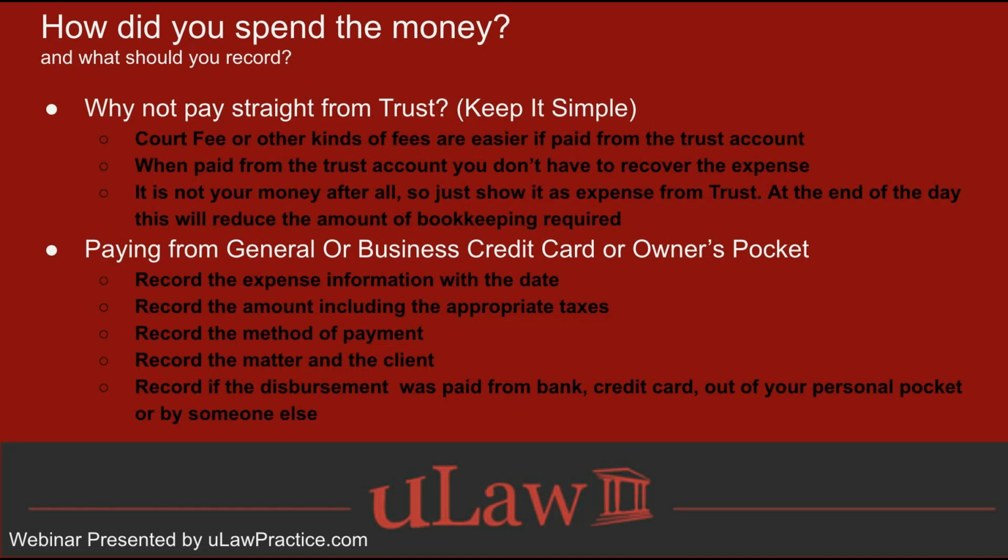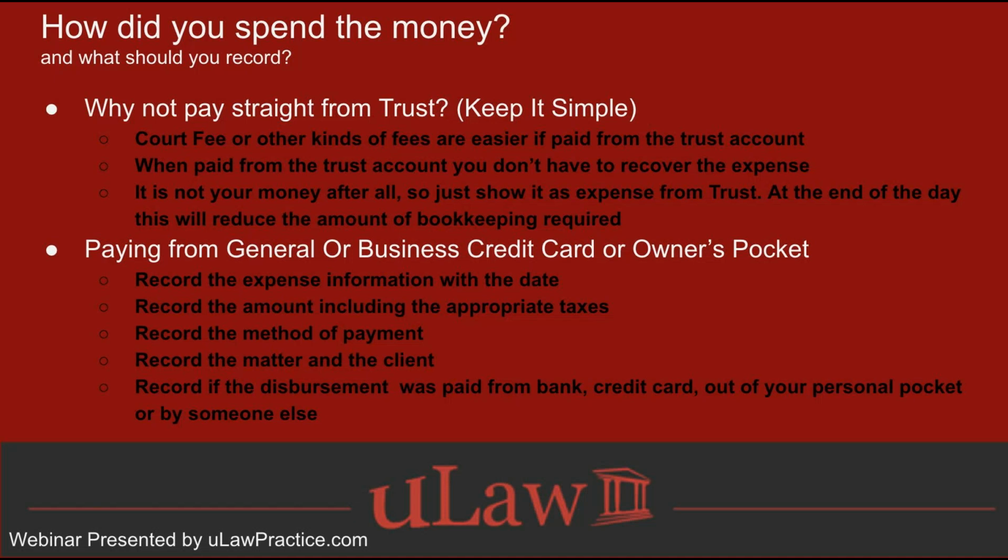You can do it for basically court fee, filing fee, processor fee, or any type of fee that is easier to be paid from trust rather than from general, because anyway you're not going to claim profit on it. It's an actual amount. So you might as well pay out of trust directly and save a step of trust transfer over here.